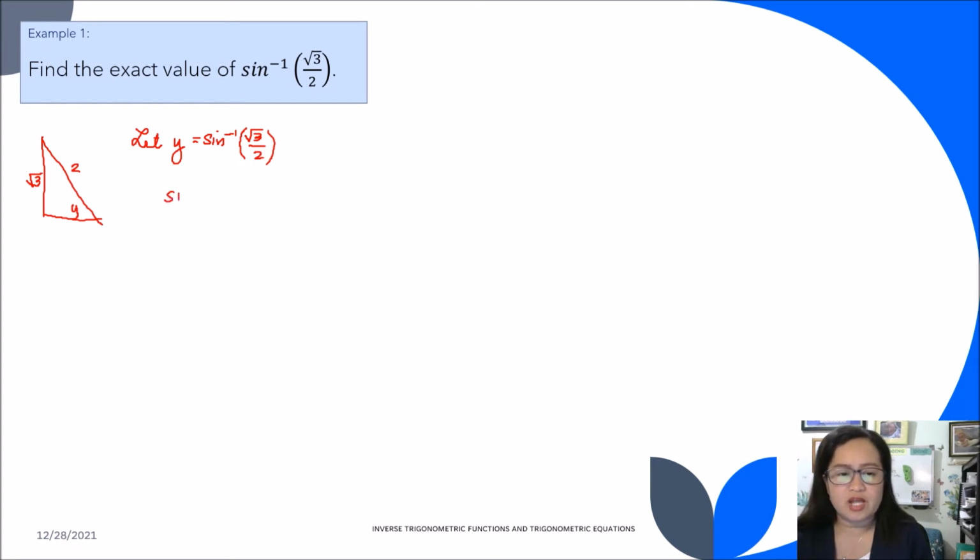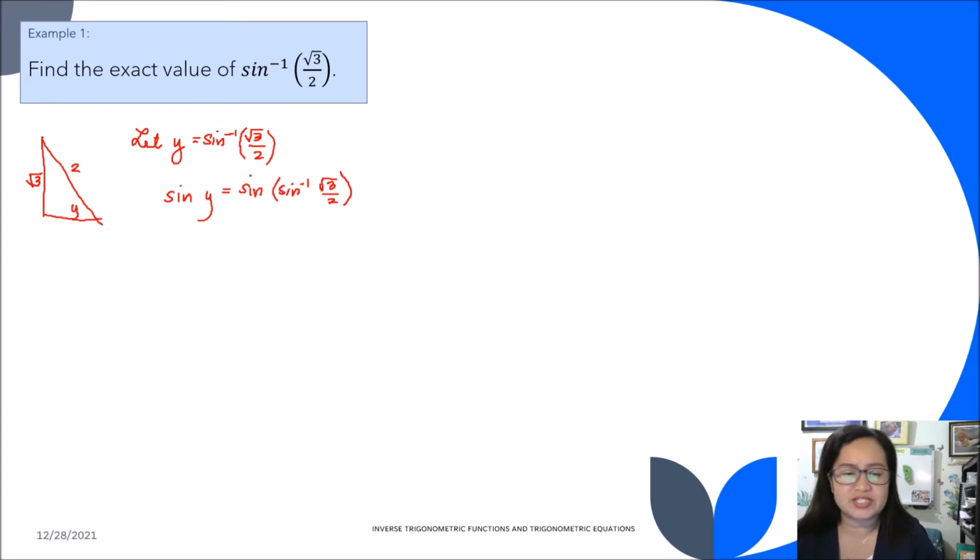Now, if we get the sine ratio on both sides, we will have sine y is equal to sine of the inverse sine of square root of 3 over 2.